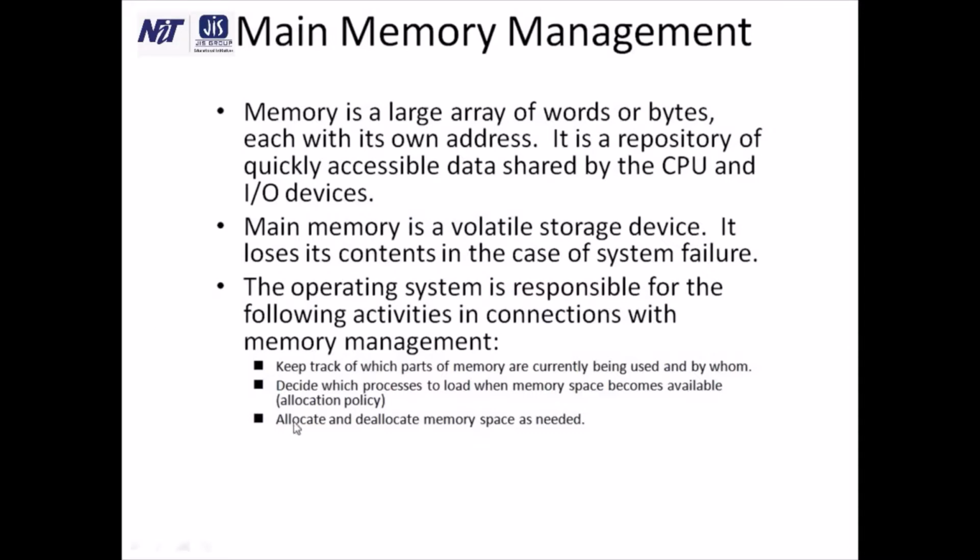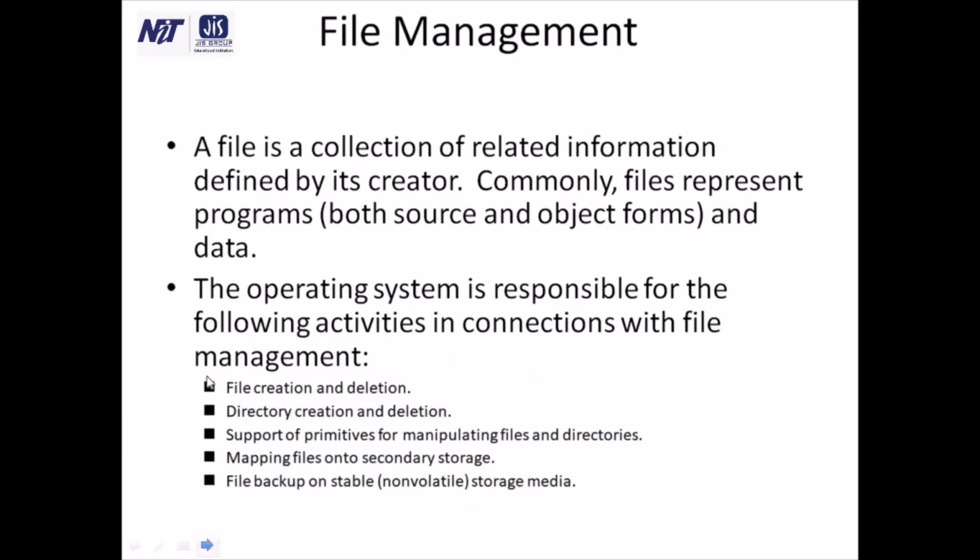The operating system keeps track of which parts of the memory are currently being used and by whom. It decides which processes to load when memory space becomes available, and allocates and deallocates memory space when needed.